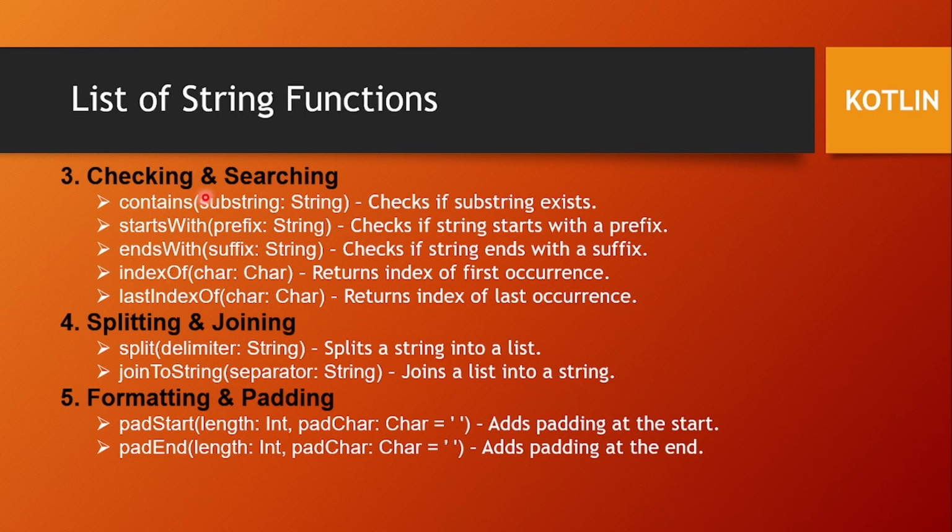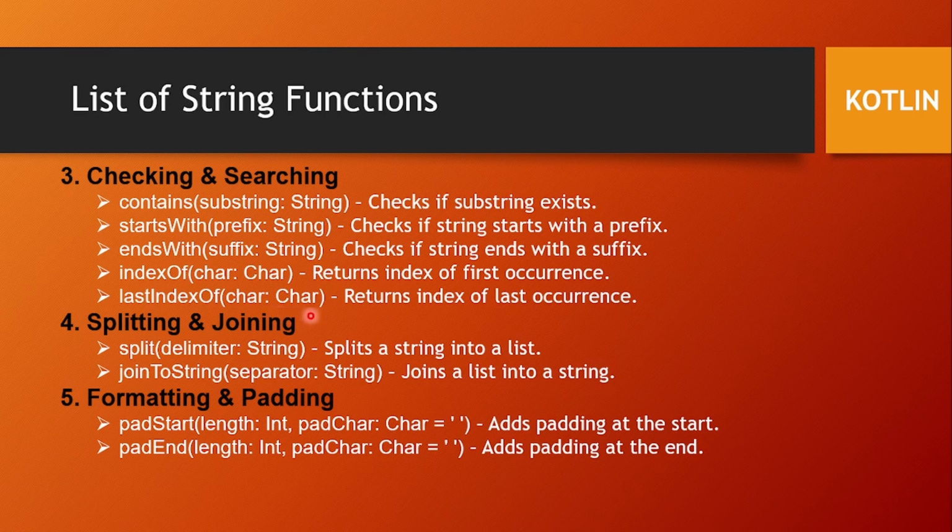For checking and searching, we have a lot of functions in here. Contains checks whether a substring is available inside of our string or not. Starts with will check the start of our string, is it there or not. Ends with works the same, it will check the end of our string. Index of will give the index or the position of our character or string in there.